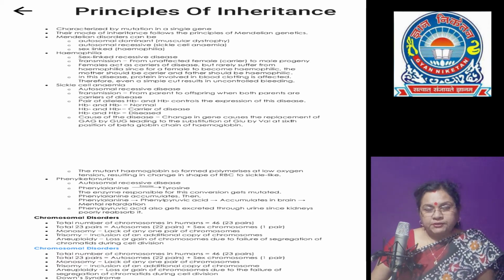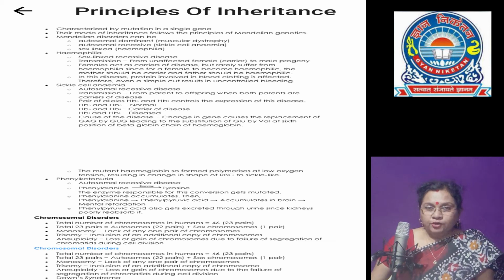So the females suffer from this disease only in homozygous condition, that means X^c X^c. A heterozygous female is a carrier of hemophilia. In history, Queen Victoria was a carrier for this disease and produced hemophilic offspring in many generations.